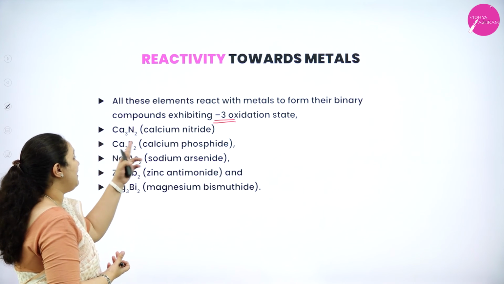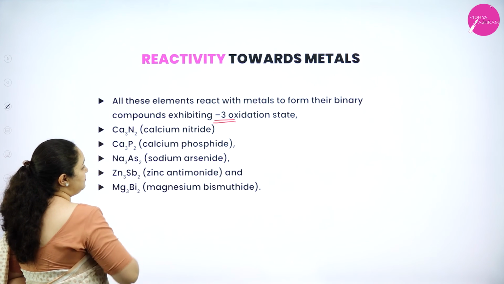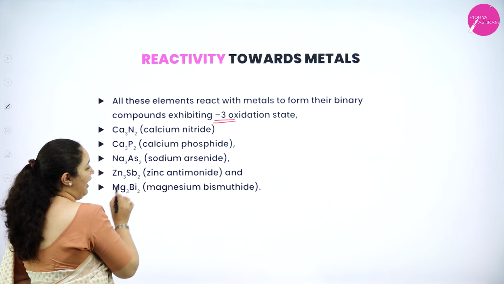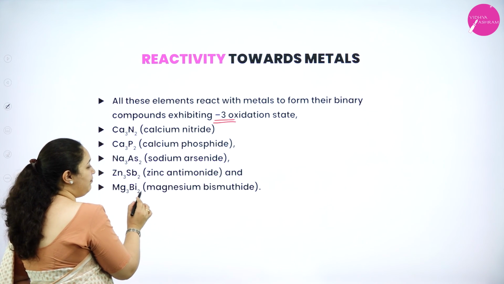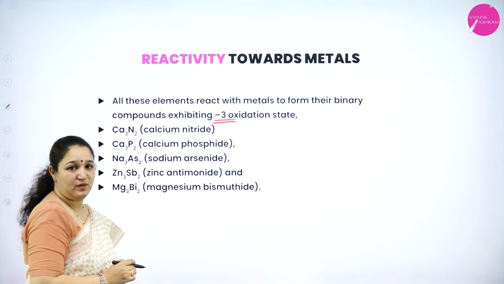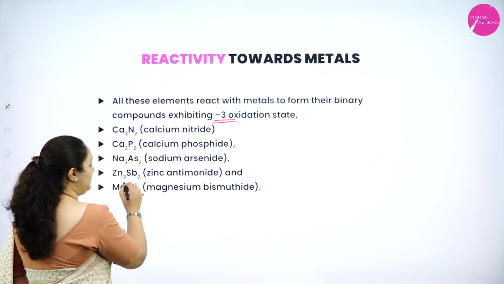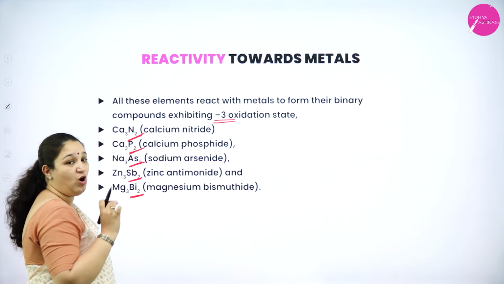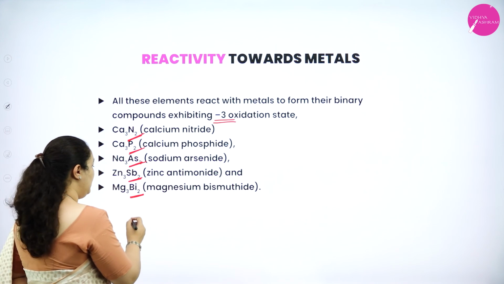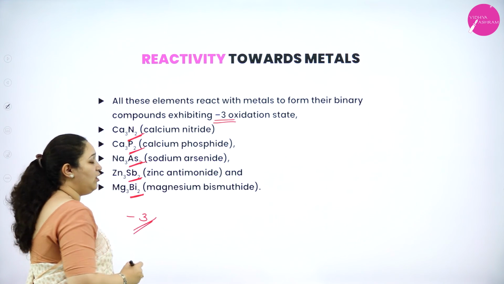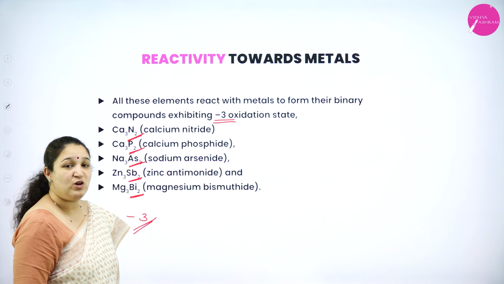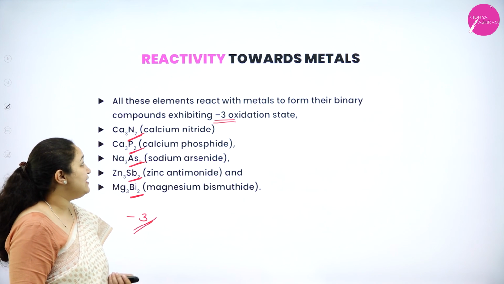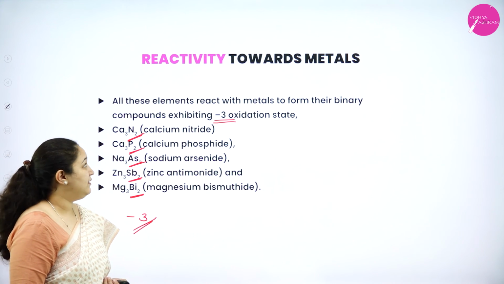For example, you have calcium nitride, calcium phosphide, sodium arsenide, then you have zinc antimonide, or it can form magnesium bismuthide. Okay, so you can see here bismuth, antimony, arsenic, phosphorus as well as nitrogen, all are showing which oxidation state? They will show -3 oxidation state because metals show plus oxidation state. Okay, so that's about reactivity towards metals.